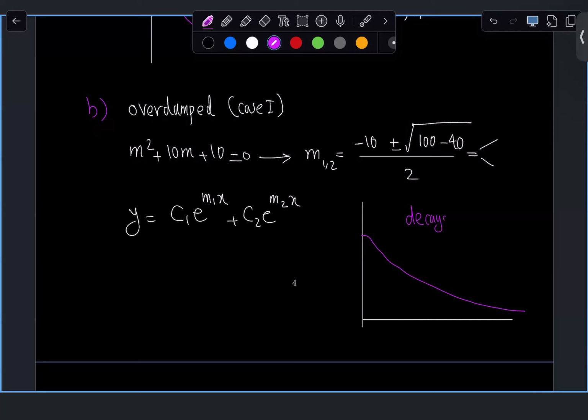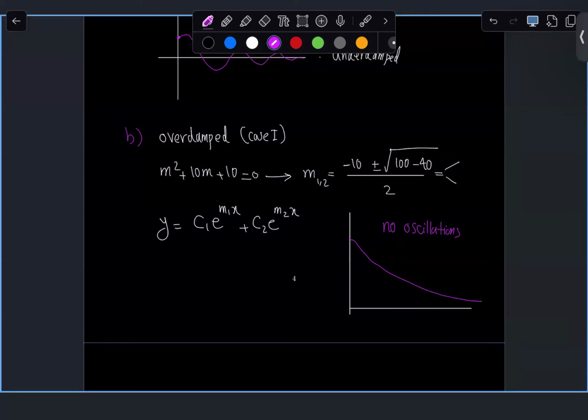It decays with no, oh, I don't know if it decays or not, because you can have a positive, right? So depending on the sign, all we can say right now is there's no oscillations. It might actually grow depending on the sign. So it will either look like that or maybe like this.